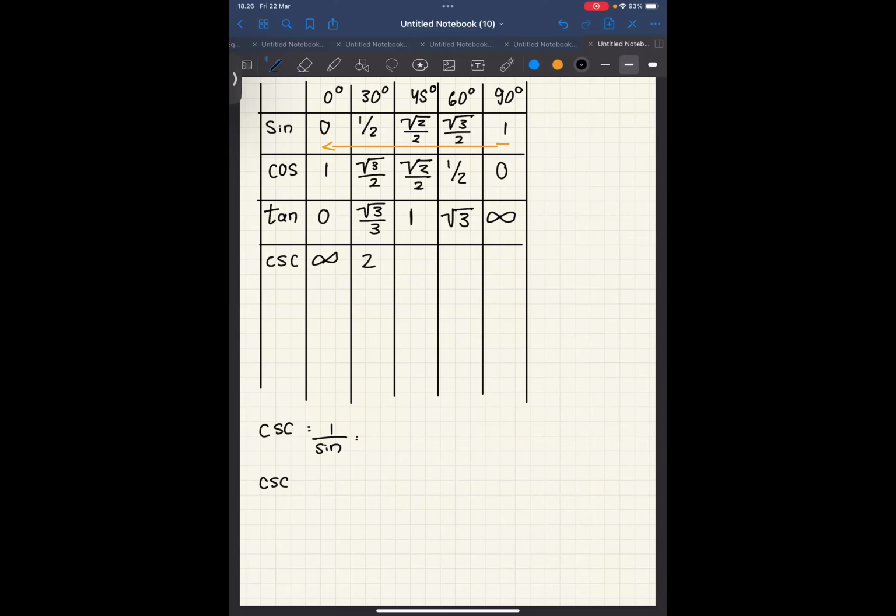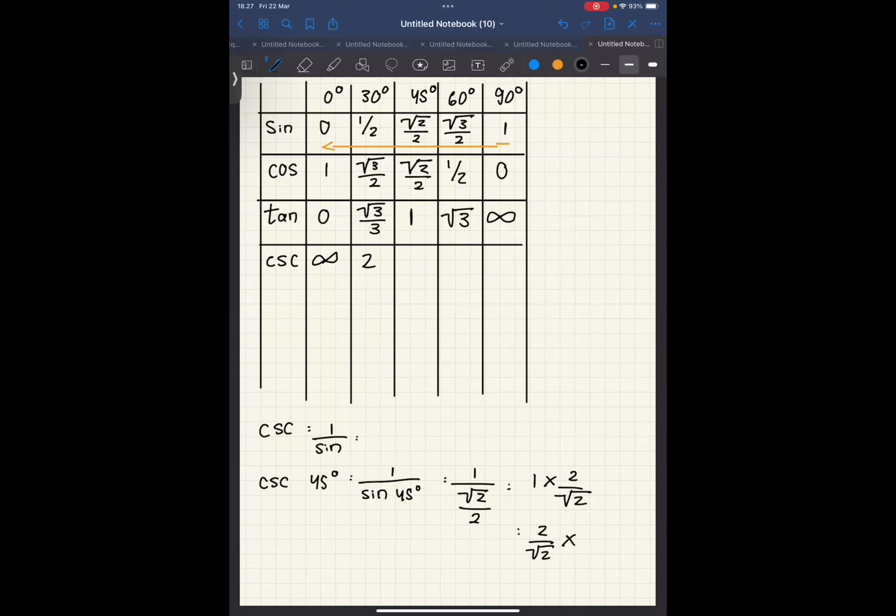Continue to 45 degree. It's going to be 1 over sine of 45 degree. Sine 45 is square root 2 over 2. An easy way, you can just move it up and flip it over. So it's going to be 1 multiplied by 2 over square root 2.